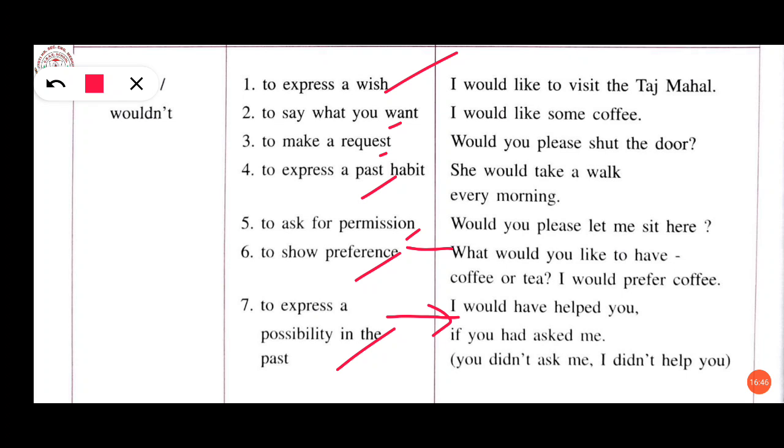That is, I would have helped you if you had asked me. Means that person didn't ask for help. You didn't ask me, I didn't help you. Simply to express a possibility in the past.